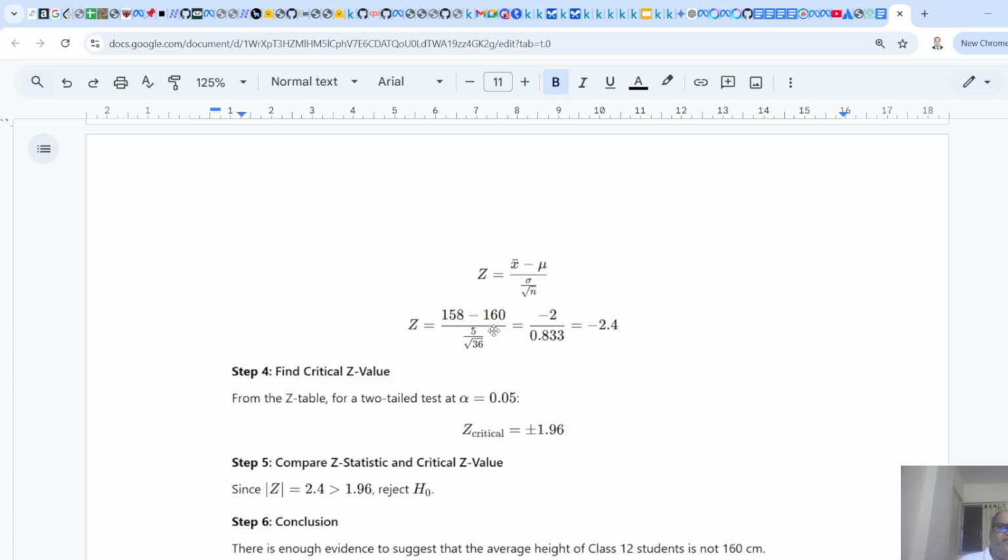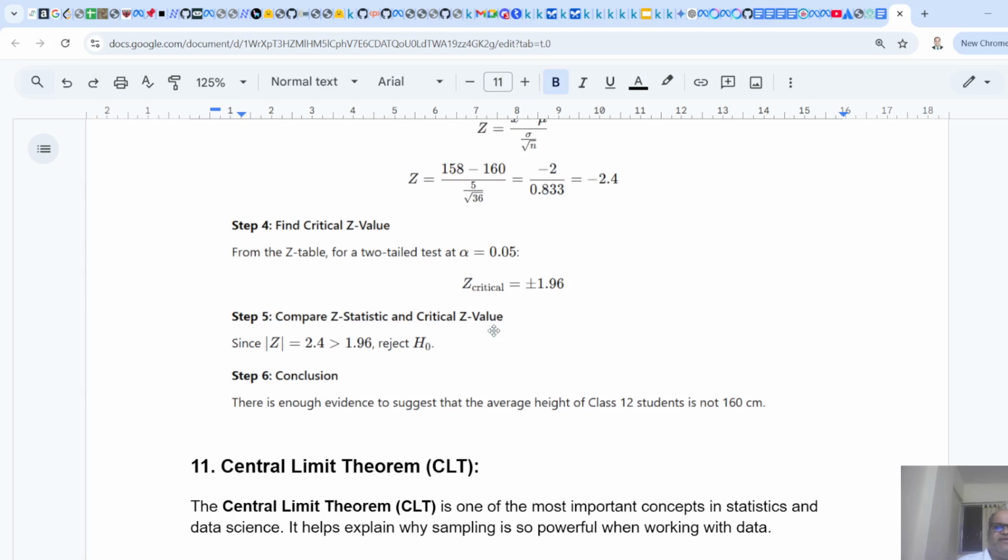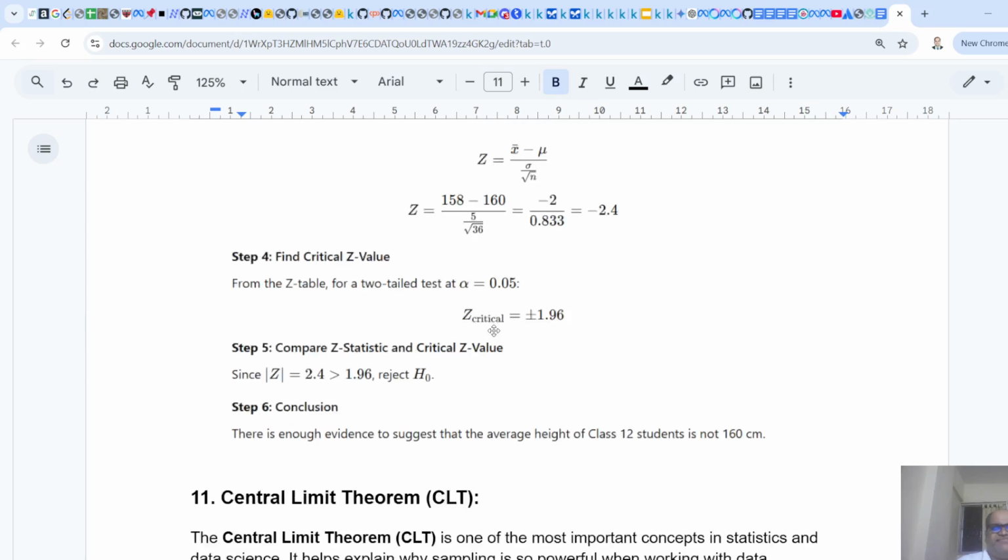Since the absolute value of your test statistic is greater than this, you can reject the null hypothesis. And since you have rejected the null hypothesis, you have enough evidence to say that the average class height is not 160. So that's how you approach it.